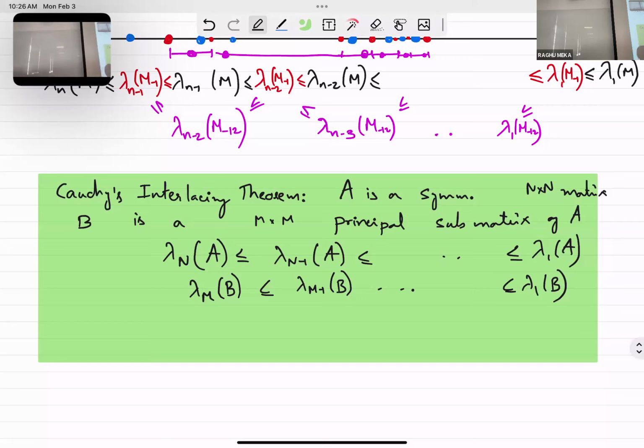The n minus 3th would be at most the n minus 3th, and so on. So that relation holds. For every i, lambda i of B is less than or equal to lambda i of A. That is true. When you compare for a lower bound, you have to skip whatever you removed. So n minus 2, you can compare with n.